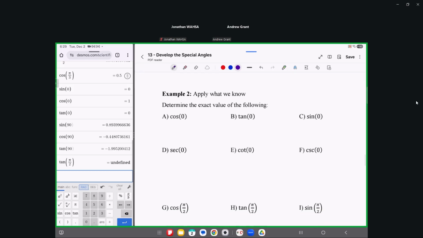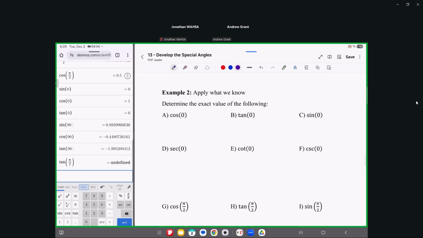Okay, so let's apply what we know. Again, the reciprocal ones are in here, but once we know what the primary ones are, we can then get the reciprocals. So I'm going to show this in 2 steps.